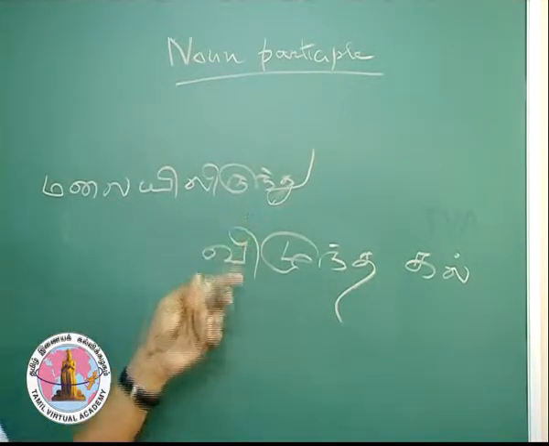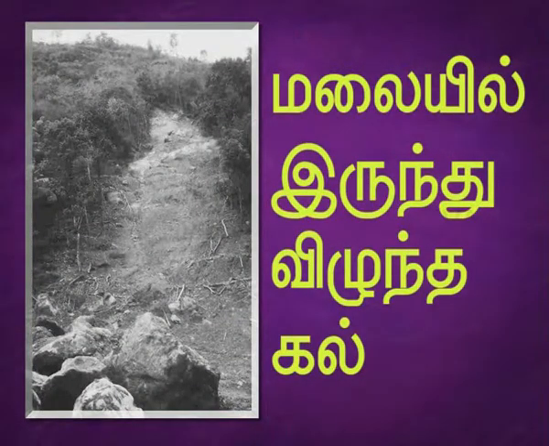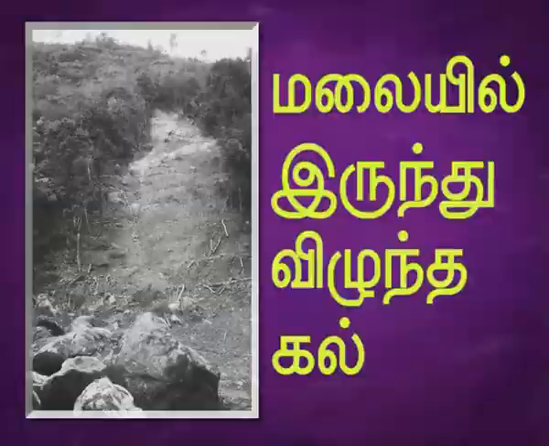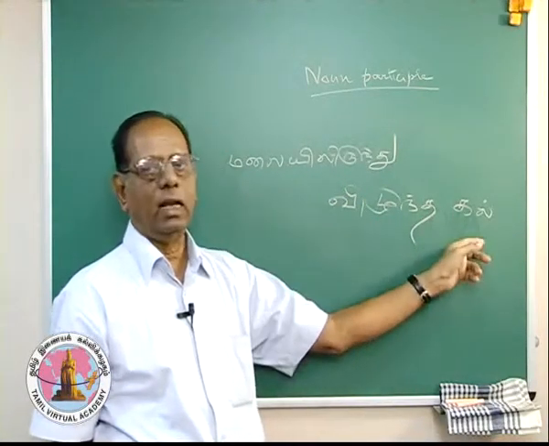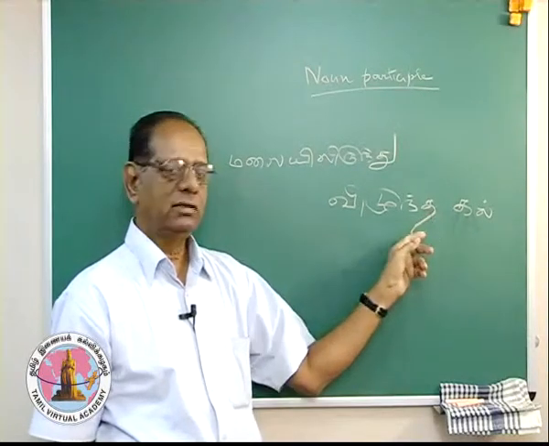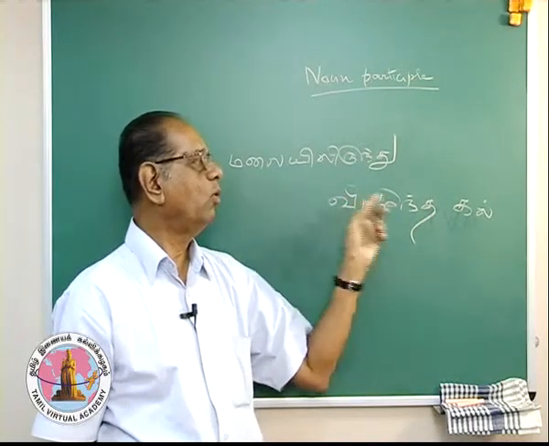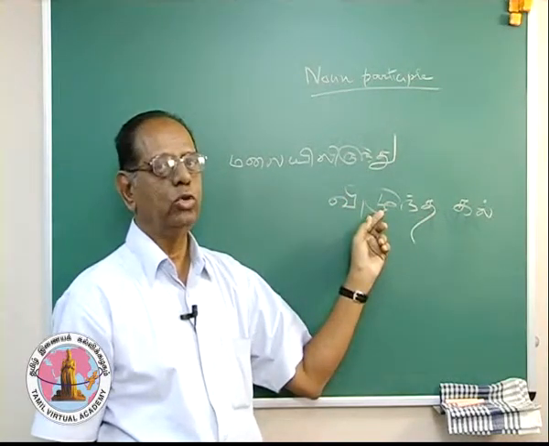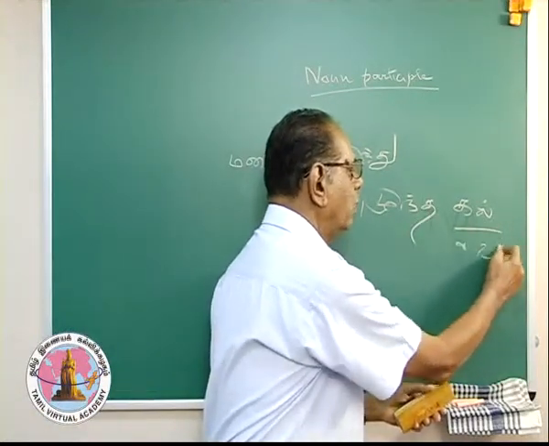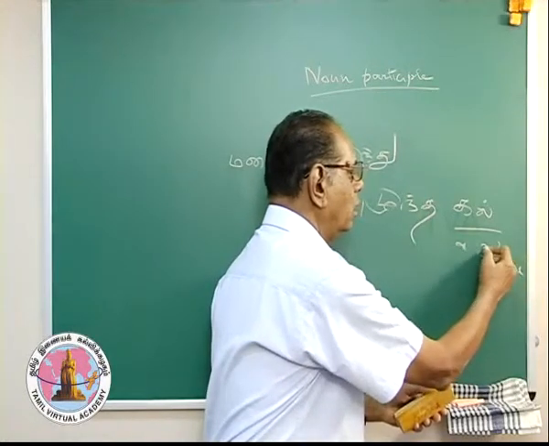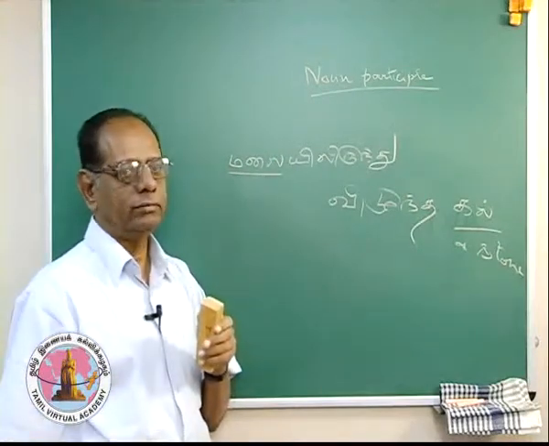மலையிலிருந்து விழுந்த கல். You must try to understand it without my explaining it, because all the words are known to you now. You know kal, a stone. Malai, you know, a mountain.